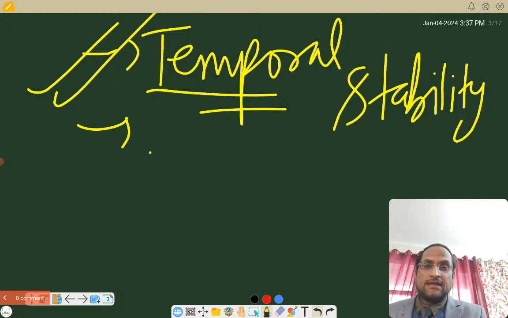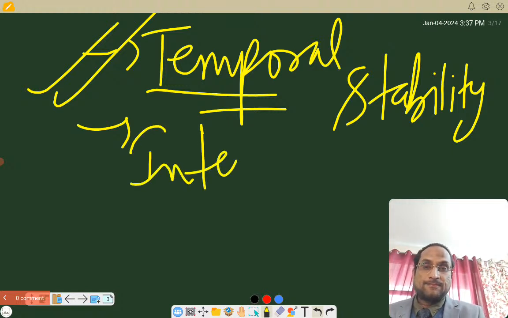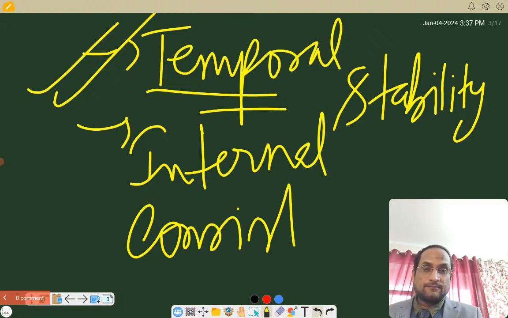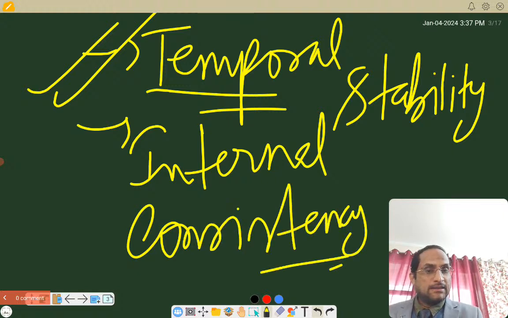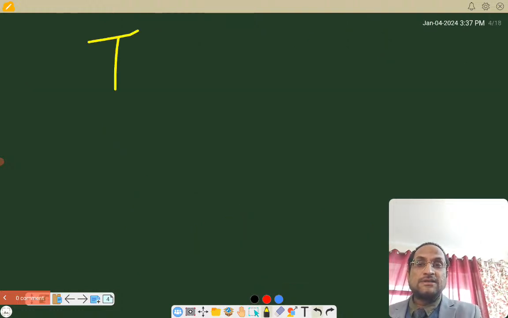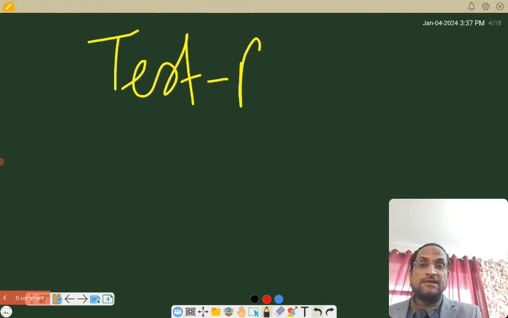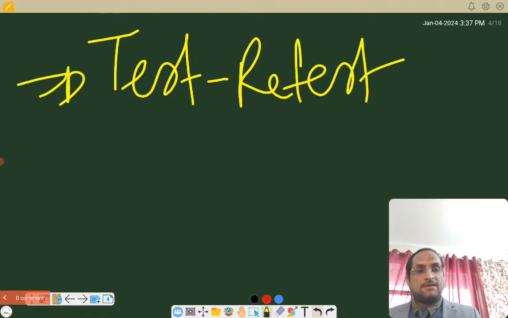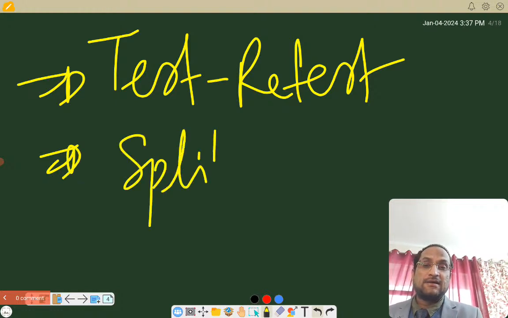Then comes your internal consistency. These things we have seen. Temporal stability is checked through the test-retest method: the same test being administered to the same group of subjects at different time intervals. Fine. Then comes your internal consistency, which is checked through the split-half method.